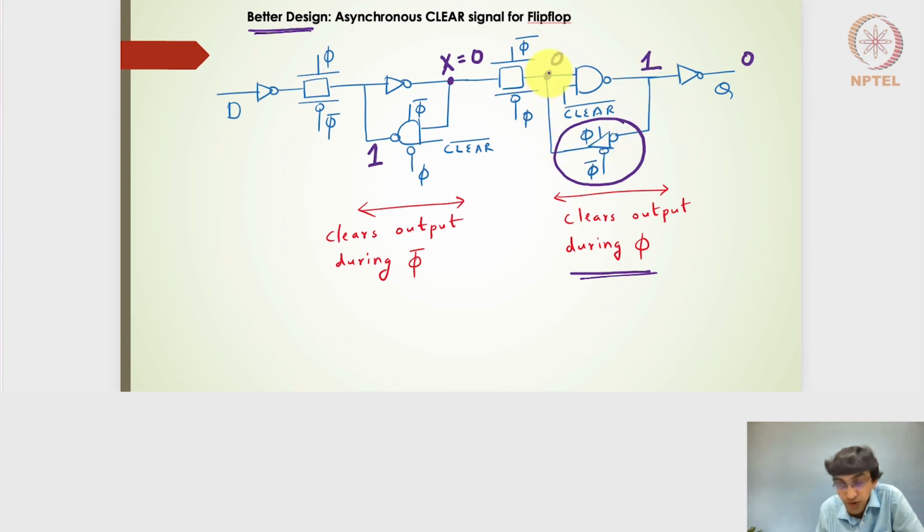So this node is staticized, and this staticized node ensures that this particular path dominates and keeps this value at 0 during the clock level high. Whereas this particular clocked 2-input NAND gate will ensure that during the phi bar, or the phi being low, it clears the output, right? Hope this is clear.